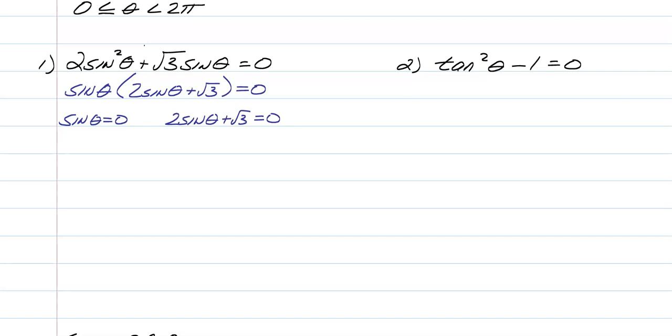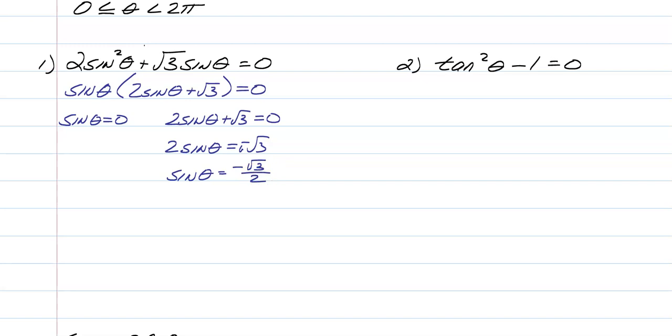That part's already done. And then we have to solve this one. So we would subtract the square root of 3, giving us 2 sine theta equals a negative square root of 3. And divide both sides by 2, so sine of theta is equal to negative root 3 over 2.